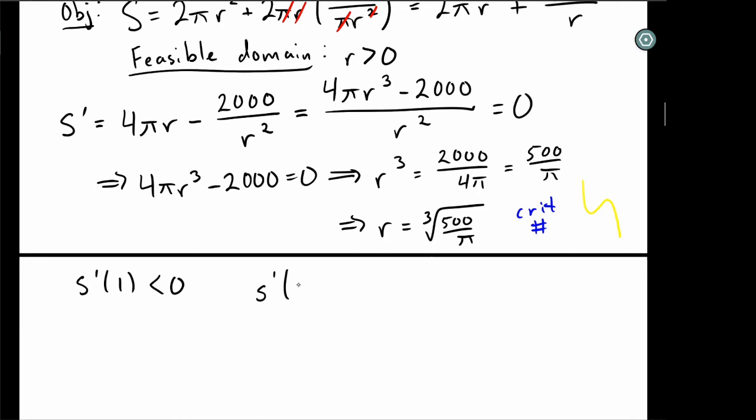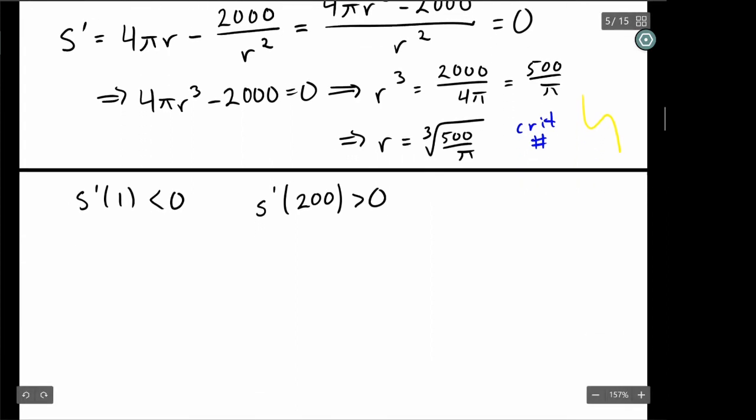I don't know. Maybe even 100 would be fine. But if you take 200 and plug that into this function, you're going to find out that this is greater than 0. Again, these values are probably too far away, but it doesn't really matter because the derivative is only equal to 0 once. So we're basically doing the first derivative test here.